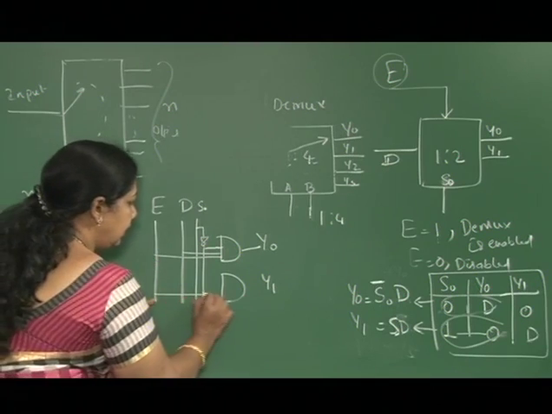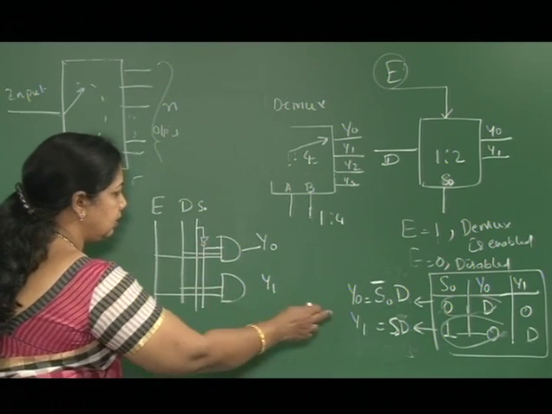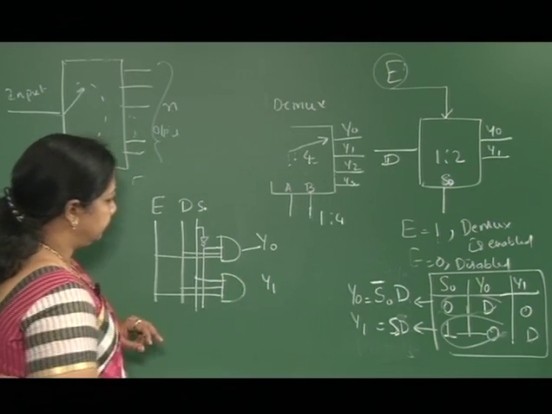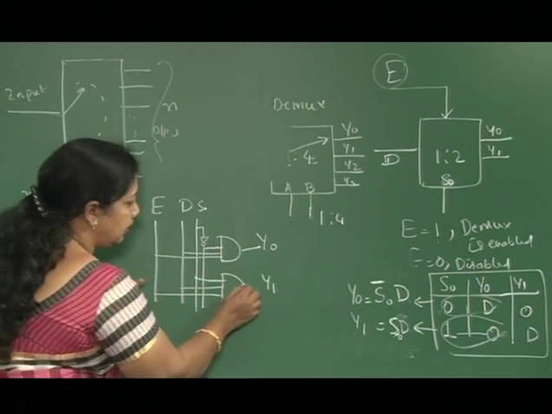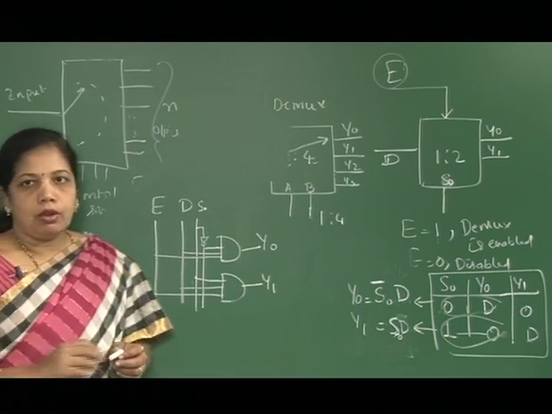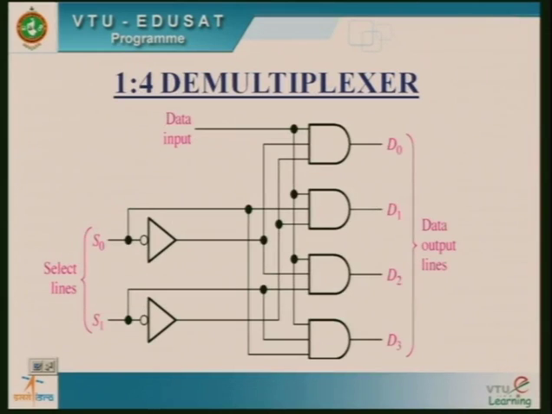Similarly here the enable pin is connected and D is connected, and you connect S0 here. So this is S0 D. S0 is connected and this is Y0, Y1. This is how I write the circuit diagram for a 1:2 demultiplexer.